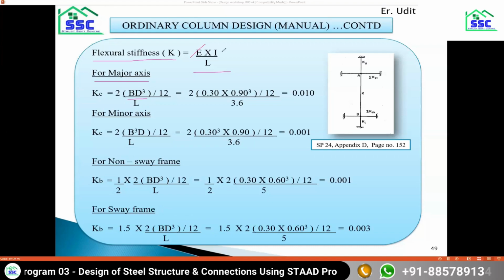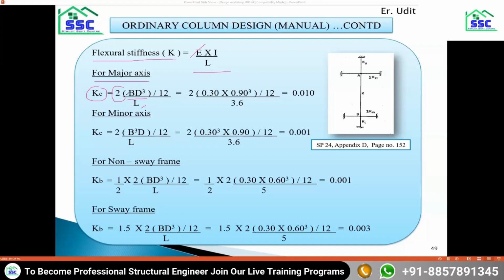Here we are calculating only the flexural stiffness K. So flexural stiffness K for the column along the major axis will be BD cube divided by 12, right? Here this is the length of the column in the denominator.